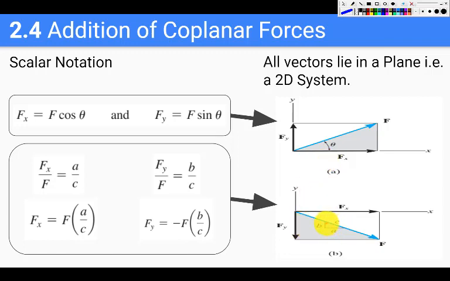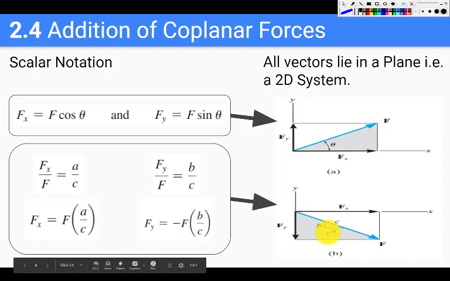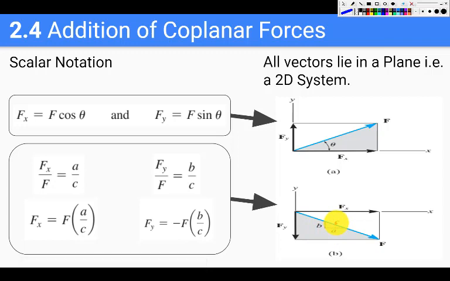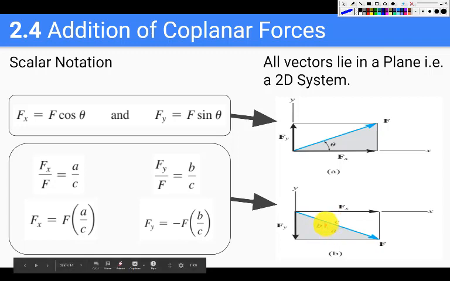For example, here on this vector f, we are given this smaller triangle with sides A, B and C. What does that mean? That this triangle is similar to this bigger triangle. So the ratios are the same.